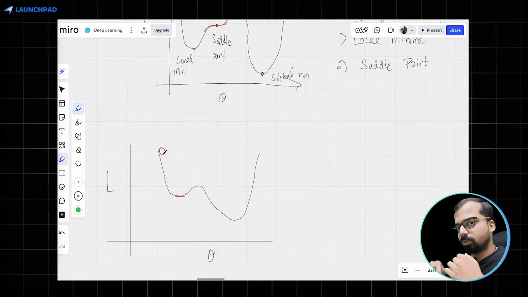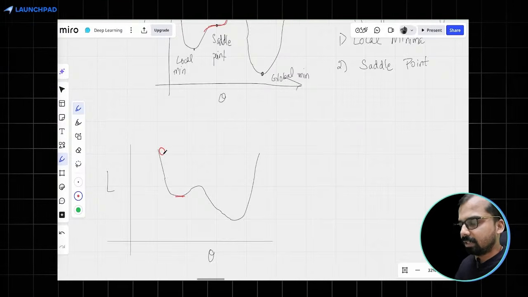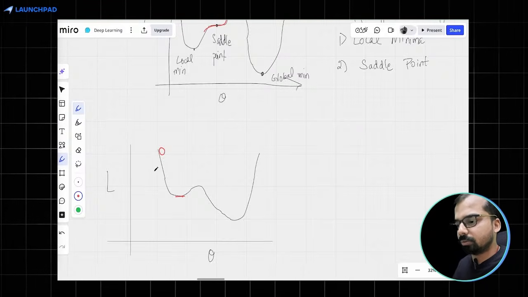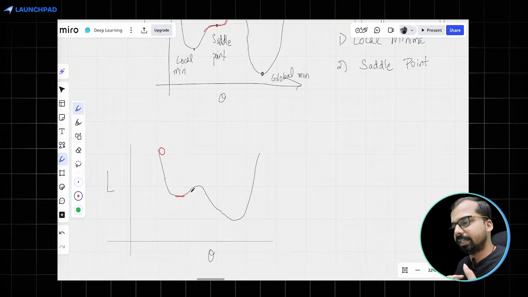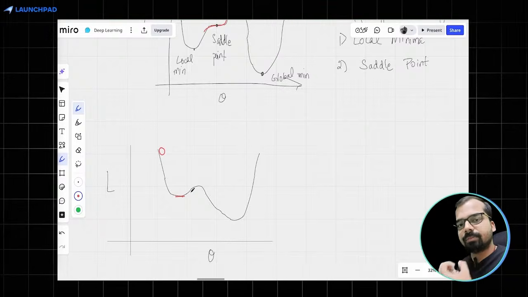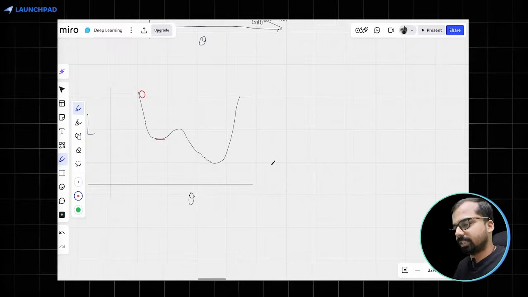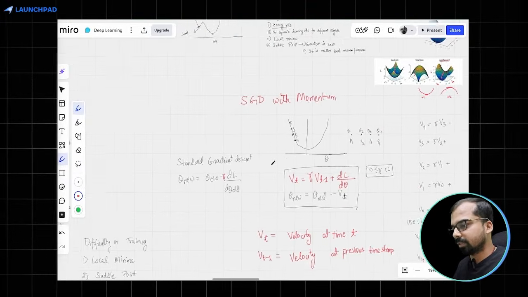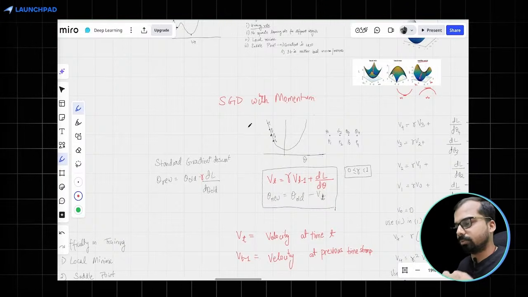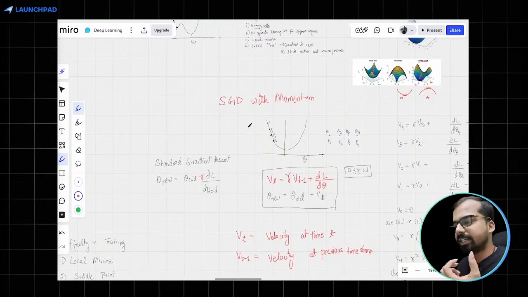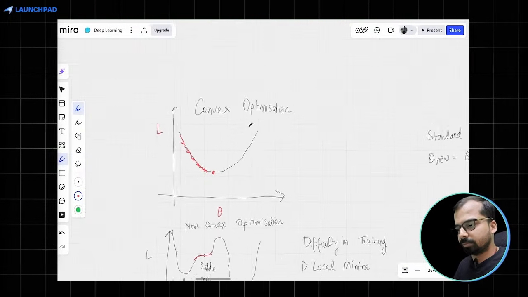The same concept from physics has been used in gradient descent to come up with a new version known as SGD with momentum, where we take into account that previously I was moving down and down. So we have to accumulate the past gradients also. By gradients, I mean the slopes.